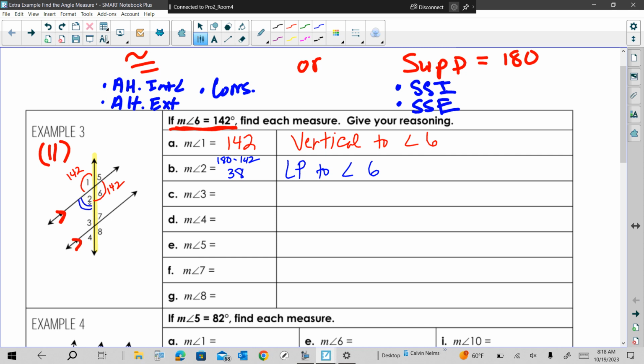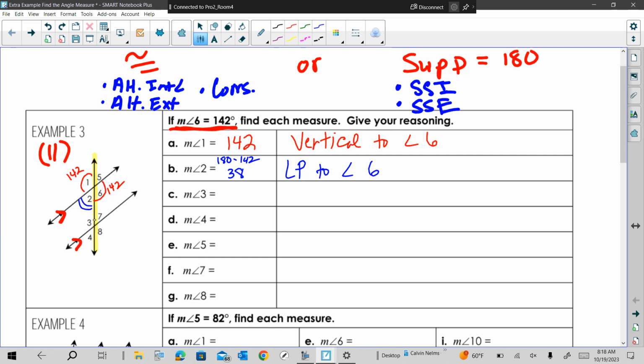All right, then we're going to jump to angle 3. Now this is where your reasoning can vary. If I look at angle 3 and compare it to angle 6, the original measure we had right here, what type of angles are 6 and 3? Alternate interior, because they're inside the parallel lines.